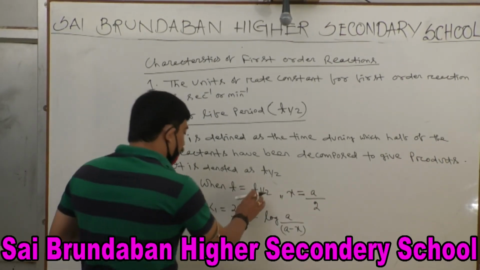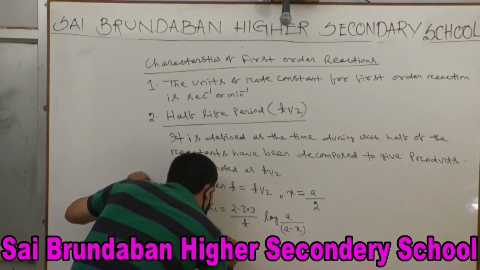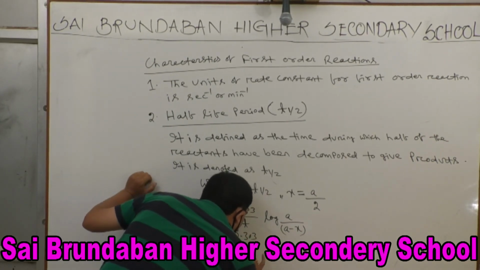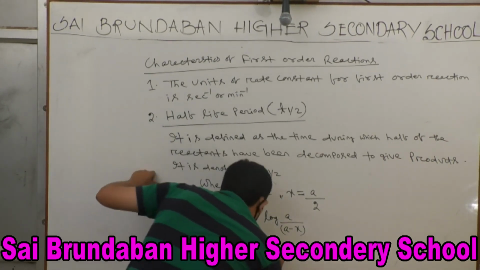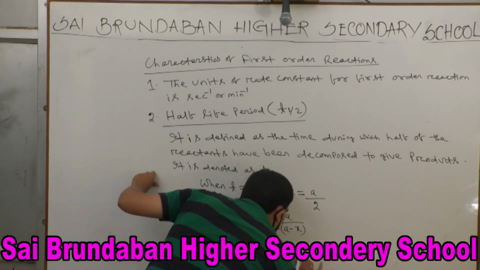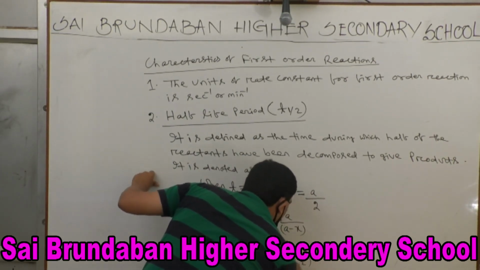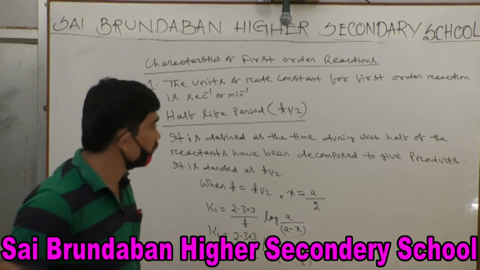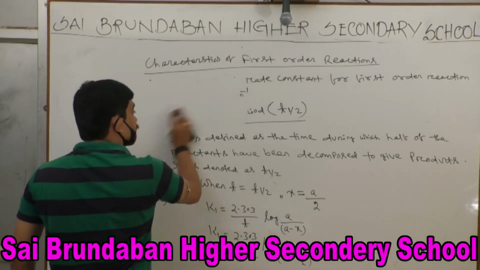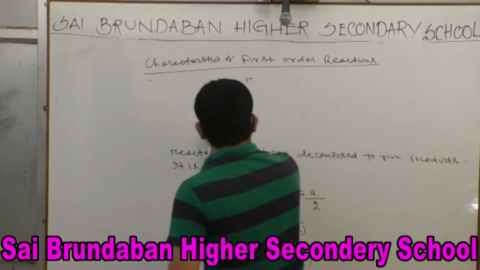So K1 equal to 2.303 by T half log A by, X value is how much? A by 2. So, what is the value we will get?